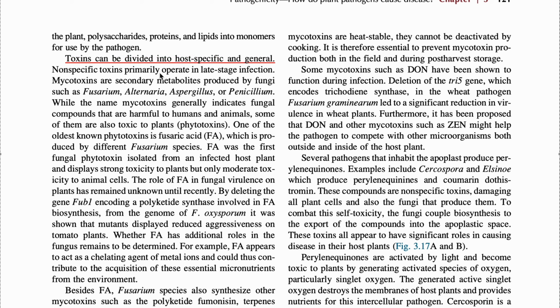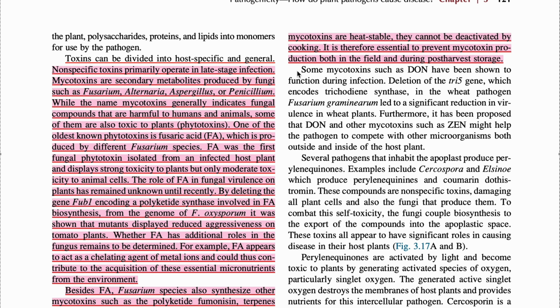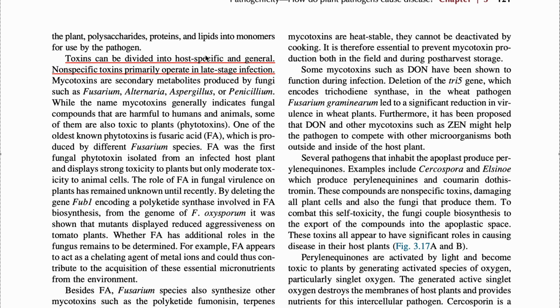Non-specific toxins primarily operate in late infection cycle. Why? The host specific toxins are specific to that host. Now look, there are differences between host specific and non-host specific toxins, and many questions come from the examples of host specific and non-host specific toxins.